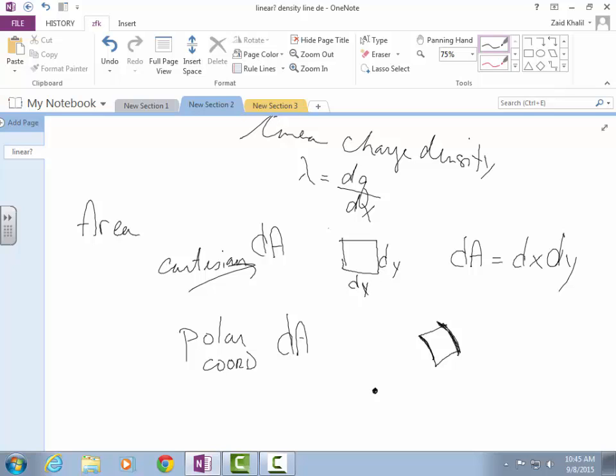This little areal element, dA, is located how far away from the origin? R. It's located r away from the origin. This is not curved. This is curved. The two sides aren't curved. So now, what are the dimensions of this box?